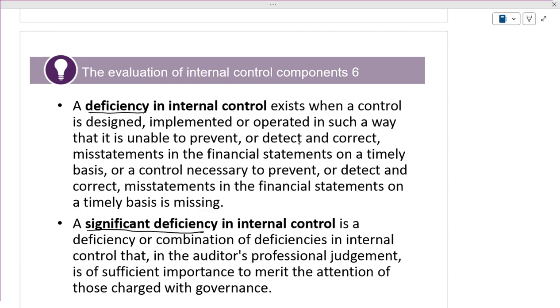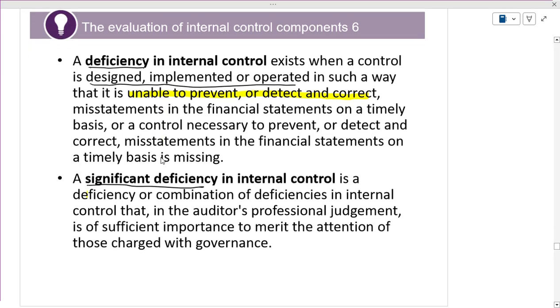What is a deficiency? A deficiency exists when a control is designed, implemented or operated in such a way that it is unable to prevent, detect and correct material misstatements.